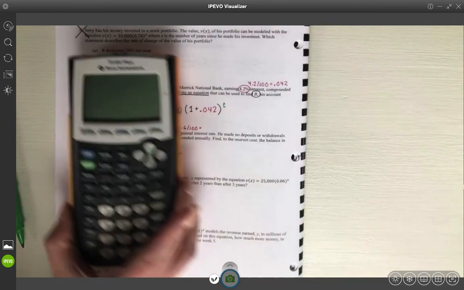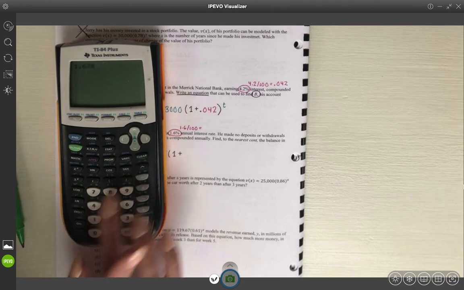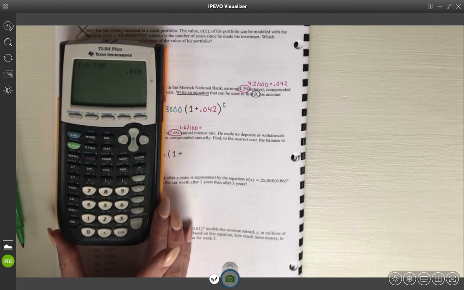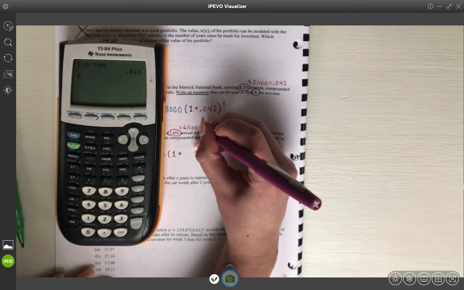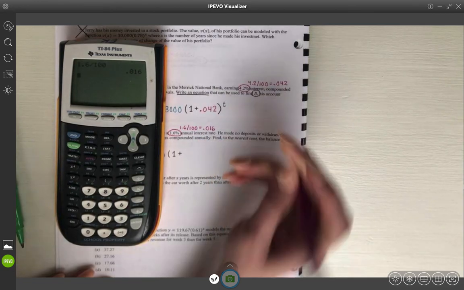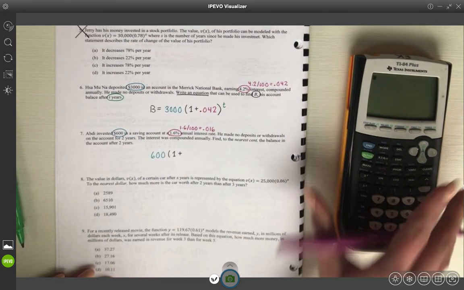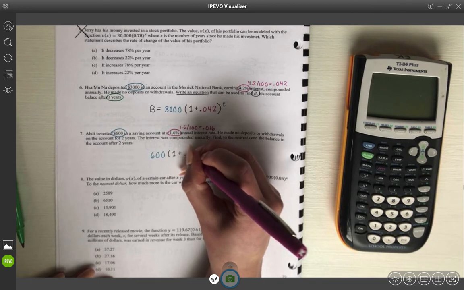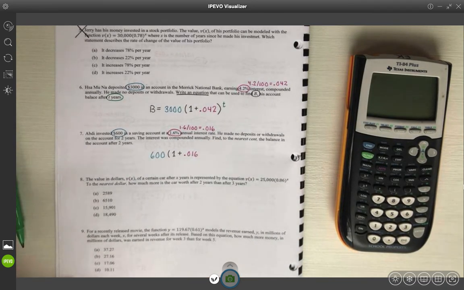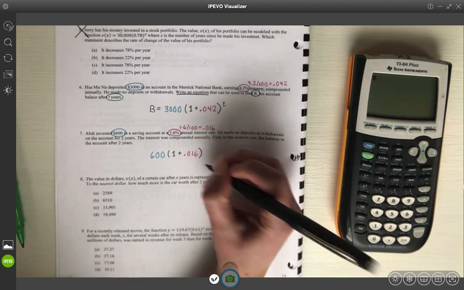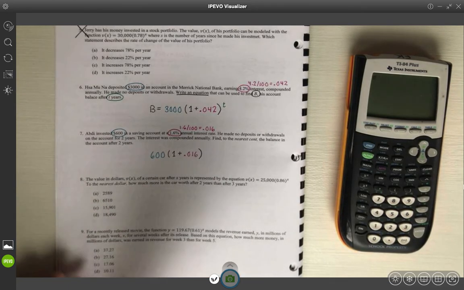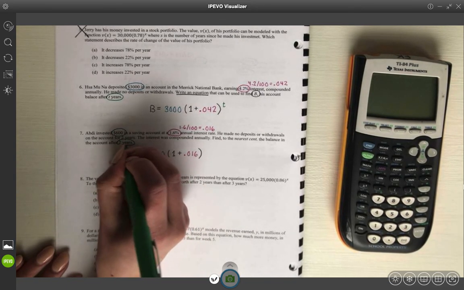Let's see what we get. We get 0.016. So that comes next. Close our parentheses, and then we put our time in the corner. Our time is 2 years.